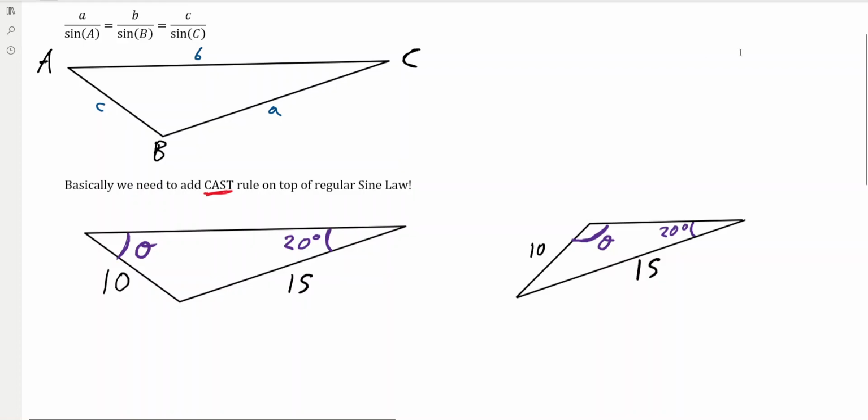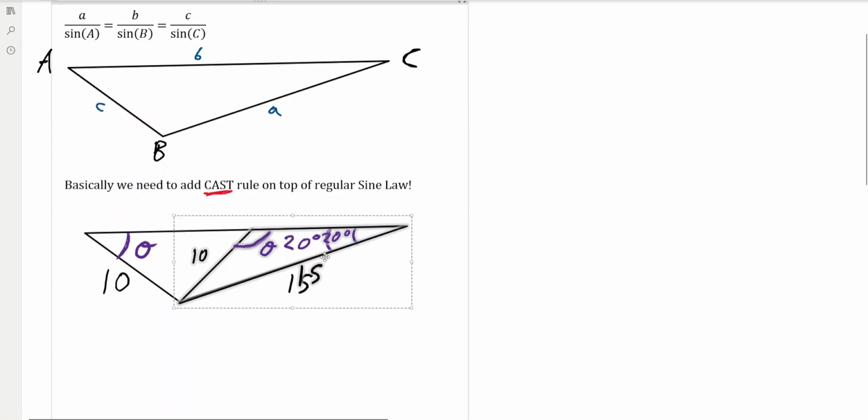And so I've gone ahead and drawn both. If I put this on top, you'll see it's the exact same positions as before. We've got the 20 degrees on the top right, we've got the unknown on the top left, and the top side is not known, but the bottom right is known, and the left-hand side is known as well.